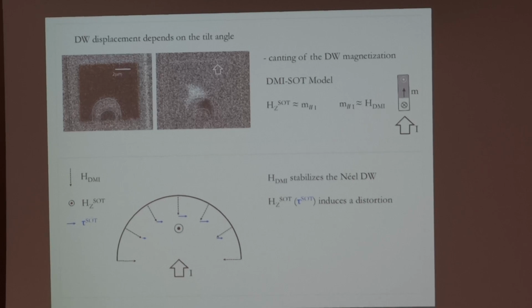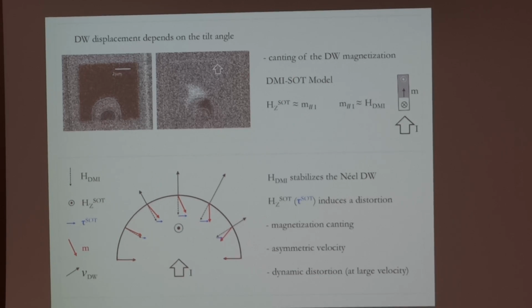And these torques create a distortion of the domain wall magnetization, which is here in red. So as you can see, if you have a distortion, then it's no longer this part that goes faster, where the mx is maximum, but it's this part. So then you would expect the velocity to be higher at a certain angle. And this is actually what we observe.